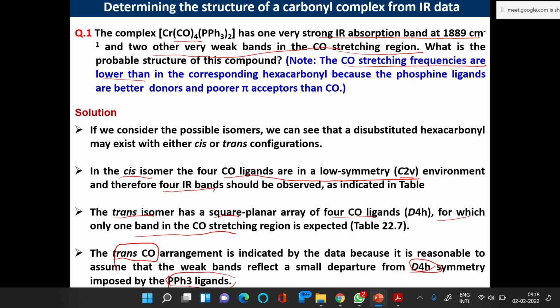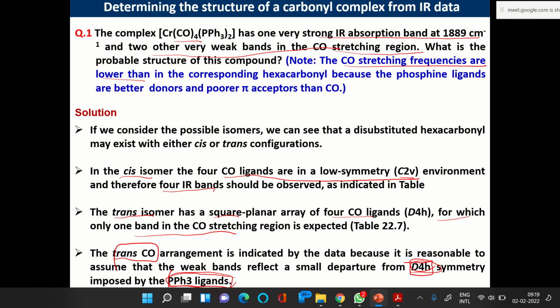You should remember that these ligands are not just point atoms; each is a large group, one phosphorus connected to three benzene rings. That is a huge molecule with its own symmetry, so the symmetry will not be perfectly D4h, but approximately D4h. So some weak bands are observed because of that.